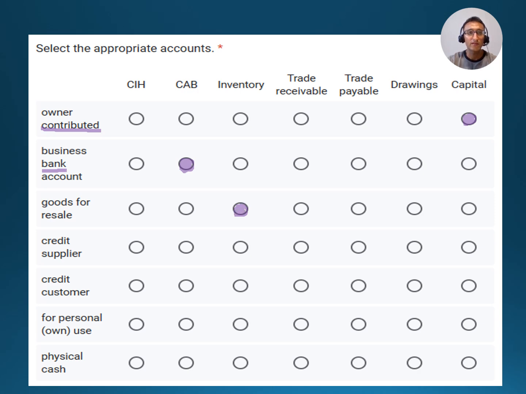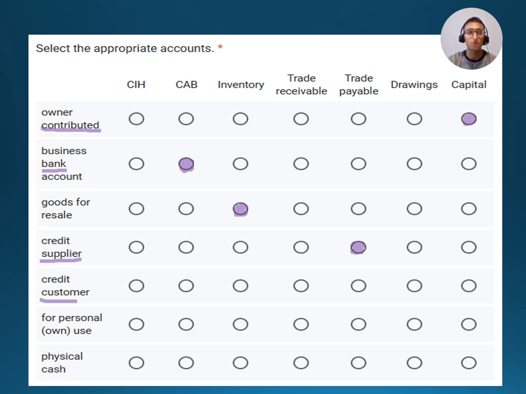Next, anything to do with supplier will be payable. Okay, if it's related to goods, we call them credit supplier. That means the business has owed money to the credit supplier, or who we call the trade payable. On the other side of the equation is what we call the credit customer.